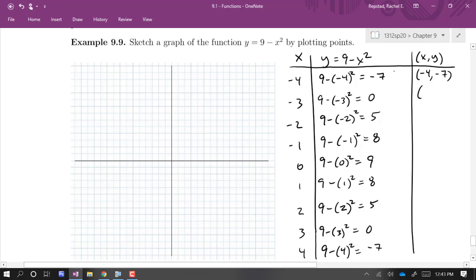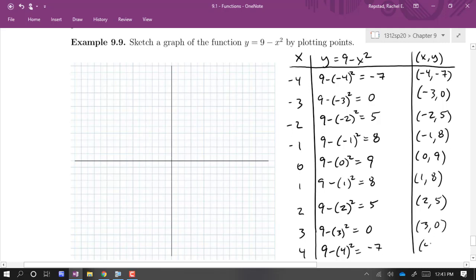So then our points are (-4, -7), (-3, 0), (-2, 5), (-1, 8), (0, 9), (1, 8), (2, 5), (3, 0), (4, -7). All right, so on the x-axis, I think I'll take 2 little squares for each unit.